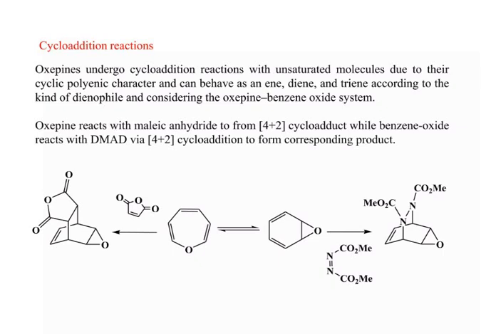Oxepine reacts with maleic anhydride to form a 4+2 cycloadduct, while benzene oxide reacts with DMAD via 4+2 cycloaddition to form the corresponding product. You can see the reaction scheme starting with the oxepine forming this adduct. It undergoes conversion to benzene oxide and then formation of the adduct.